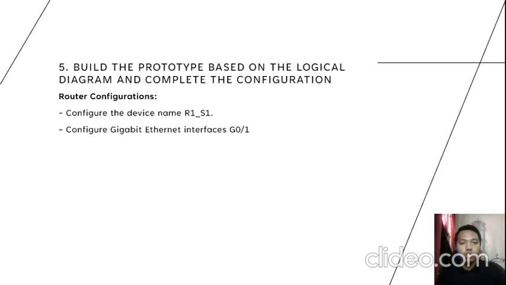Continue with the configuration for the devices, starting with the router configurations. As you can see here, we need to configure the device name R1S1, and then we need to configure the interface, which is Gigabit Ethernet interface G0/1.